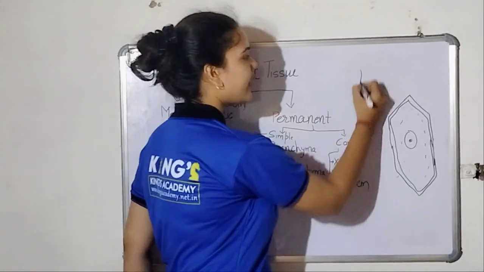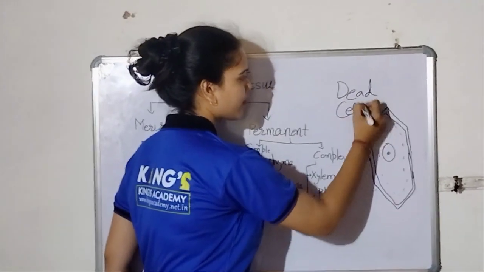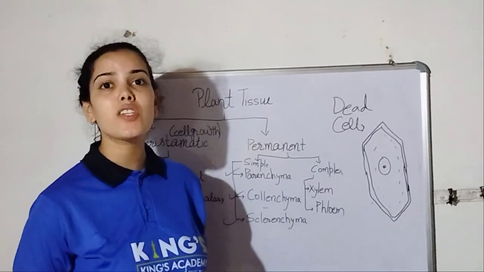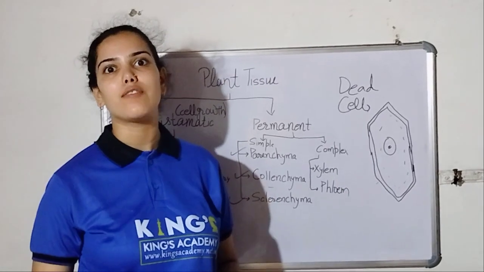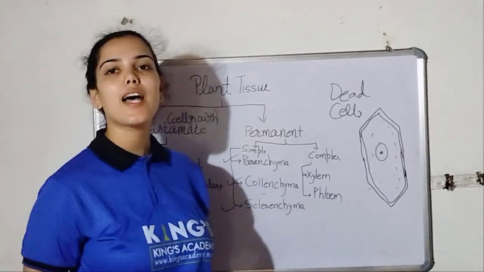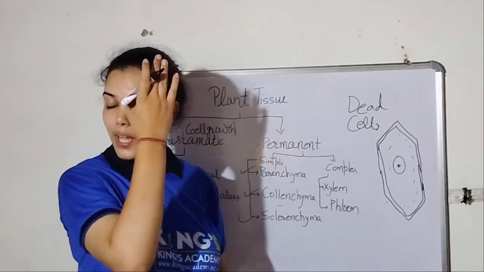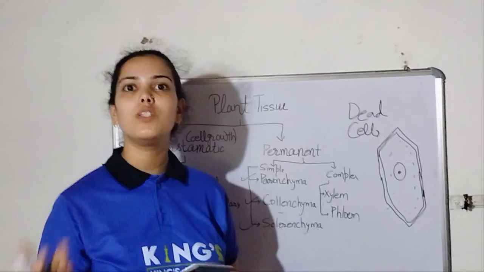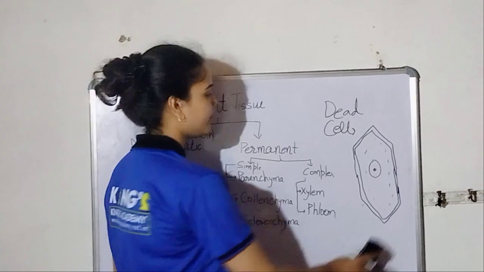These dead cells help the plant to stand and bear itself. This sclerenchymatic tissue helps the plant to stand against large storms and wind.